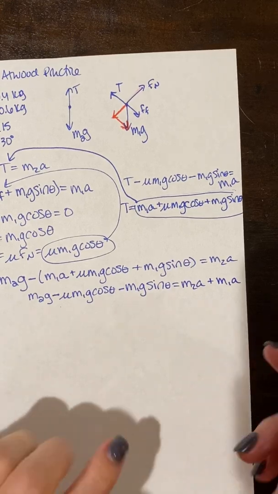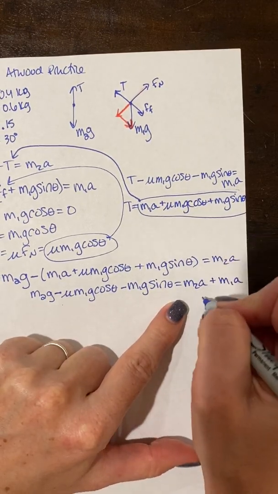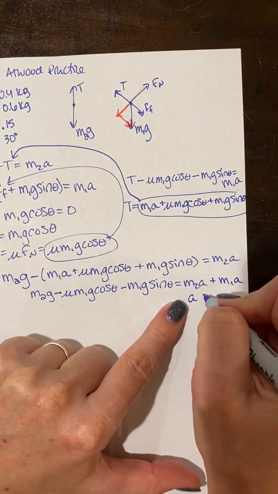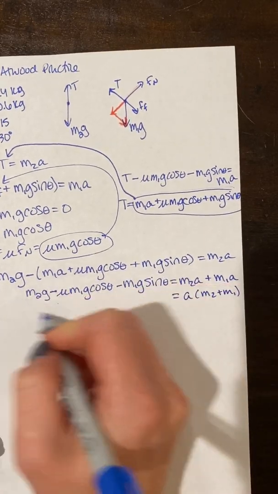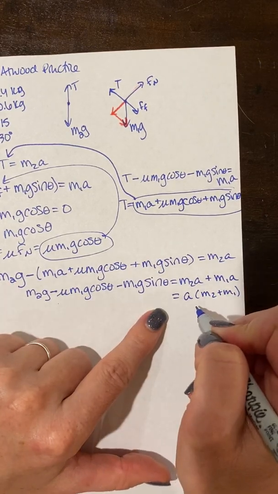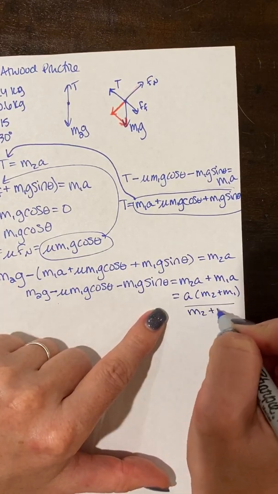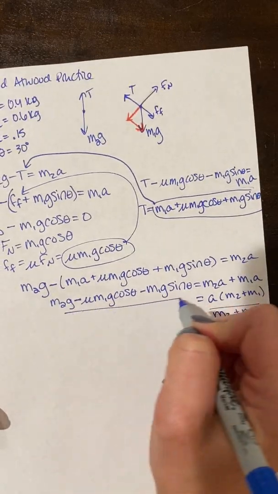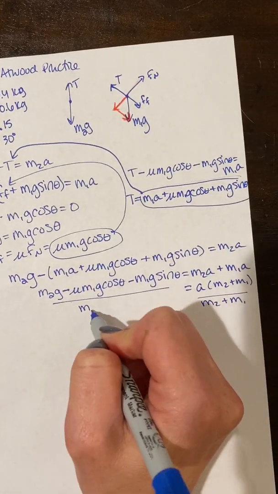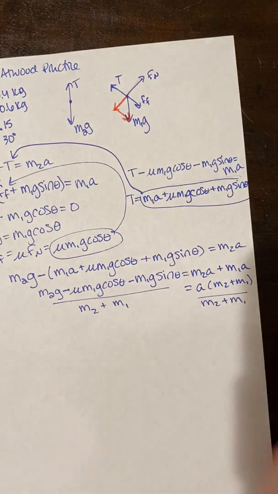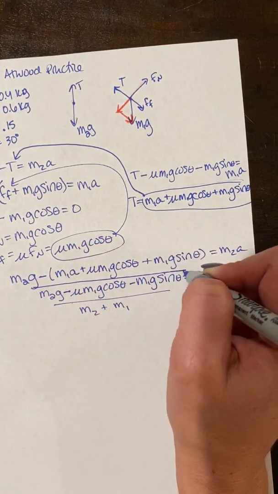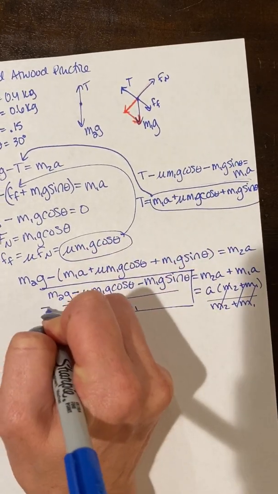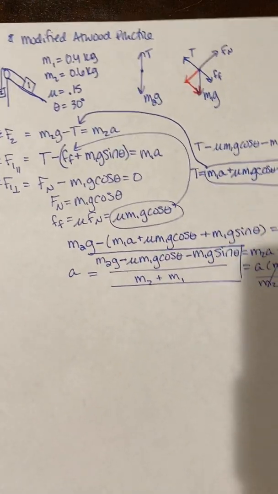All right, you can factor out the acceleration, so it would just be a times m2 plus m1 is equal to this whole thing. And then you would divide both sides by m2 plus m1. Hopefully you are able to recognize we are always adding our masses on the bottom here, equal to a. So this whole thing is going to be equal to a.